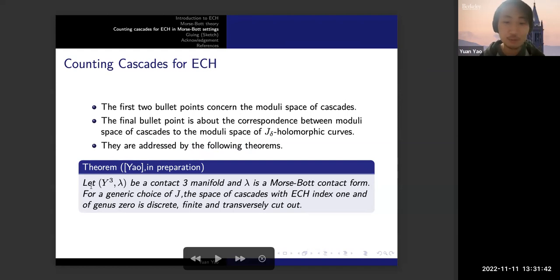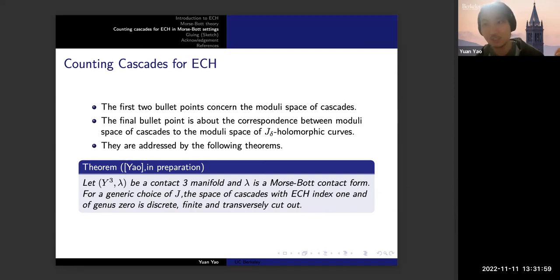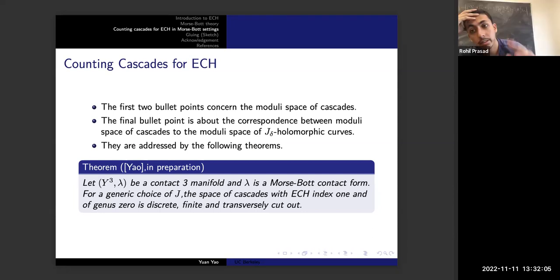If you have a contact 3-manifold and a Morse-Bott contact form, after you've chosen some generic choice of J, the space of cascades with ECH index 1 and genus 0 is a well-behaved moduli space. It's discrete, finite, and transversely cut out. This is in part using the ECH magic to say no branched covers can appear, and some intersection theory goes into this.